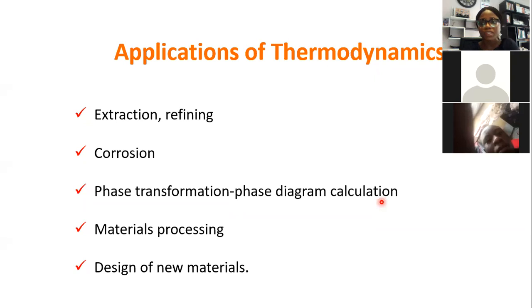You want to know the rate of corrosion of these pipes. For you to understand the corrosion of these pipes, you need an understanding of thermodynamics. When you're looking at phase transformation and phase diagram calculation, you need your knowledge of thermodynamics. Materials processing, like I said earlier, you need your thermodynamics. Design of new materials, think about it.